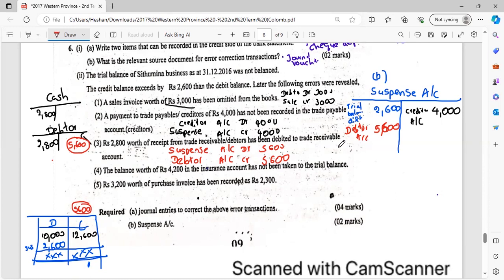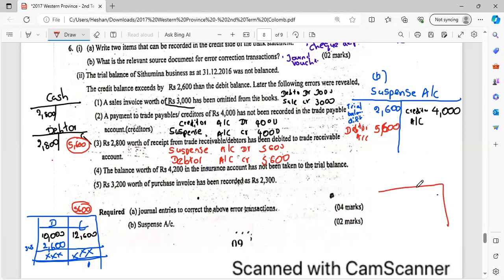The balance worth of 4,200 in the insurance account has not been taken to the trial balance. What is the matter? No any impact, no any matter in ledger, but in here, the balance worth of 4,200 insurance account has not been taken to trial balance.